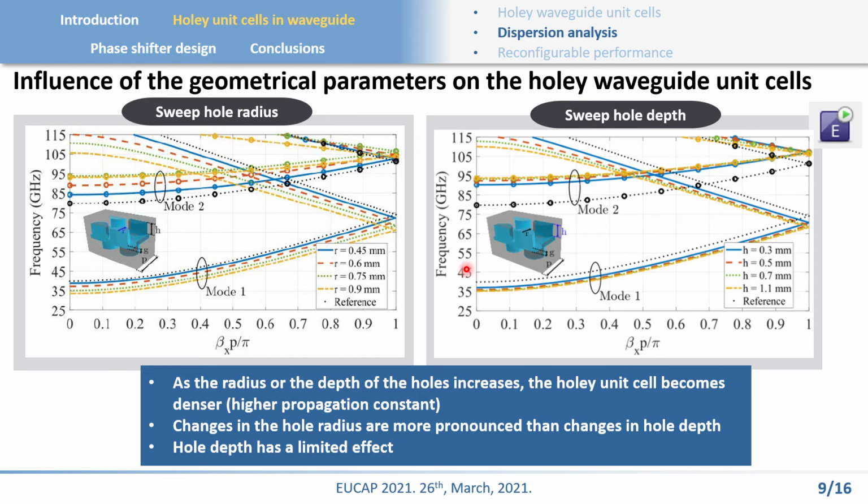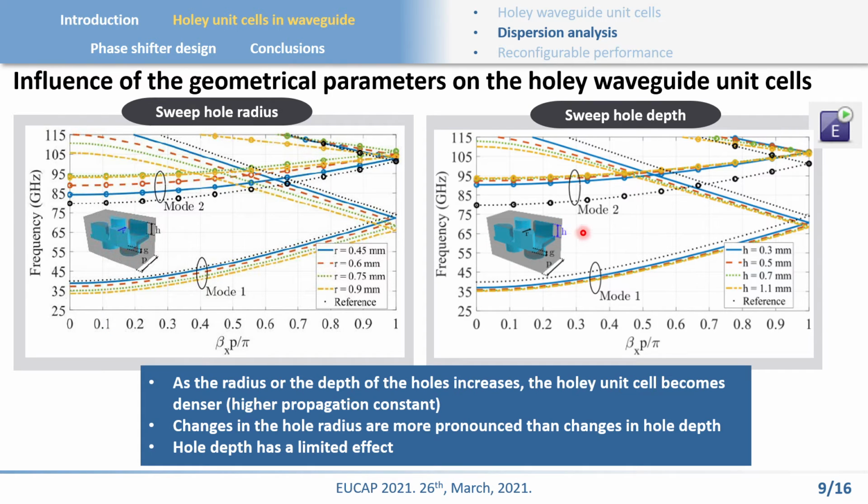In order to observe the influence of the geometrical parameters in the dispersion behavior of the glide-symmetric unit cell, dispersion diagrams are computed when the hole radius and the hole depth are modified.